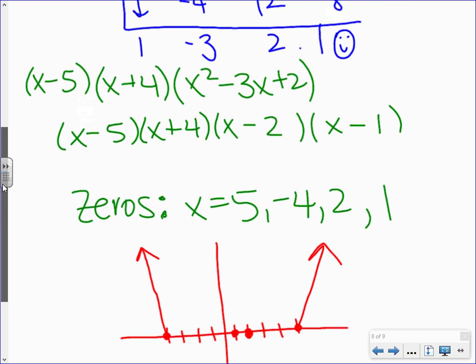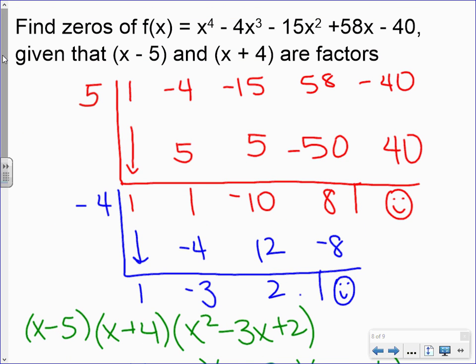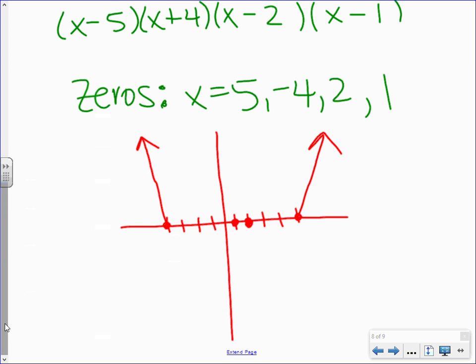We could plot our y-intercept, which would be what? Negative 40 is what you'd be left with if you plugged in 0. Probably not going to make it on here. But it would have to look something like that because all of our zeros have multiplicity of 1.